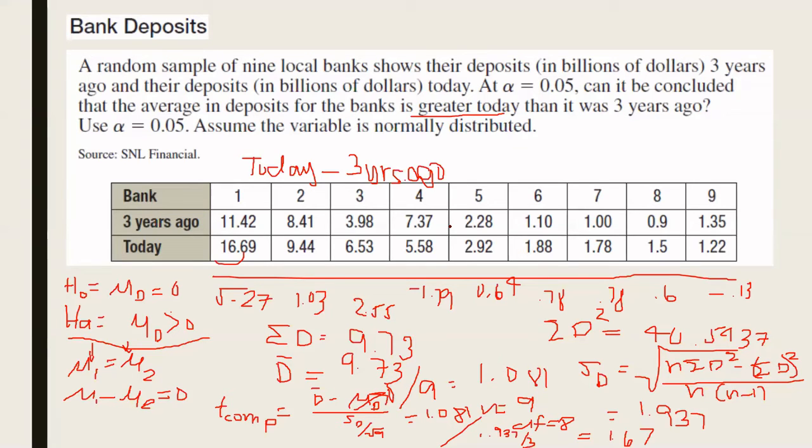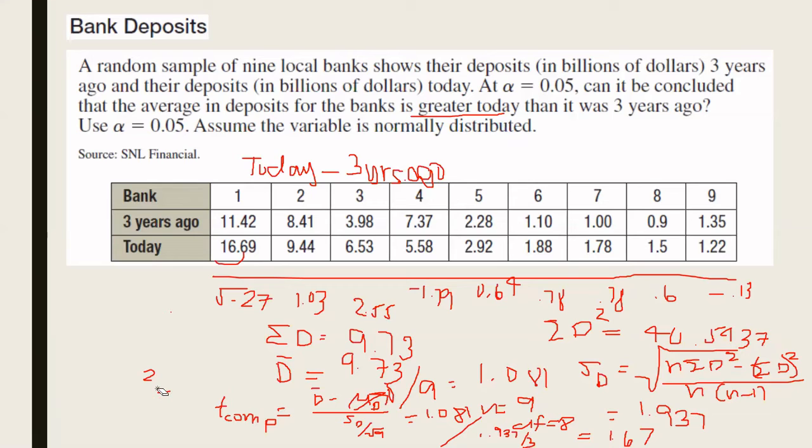Okay. The question is, we need to compare it with a critical t to make a decision whether to reject H0 or accept H0.